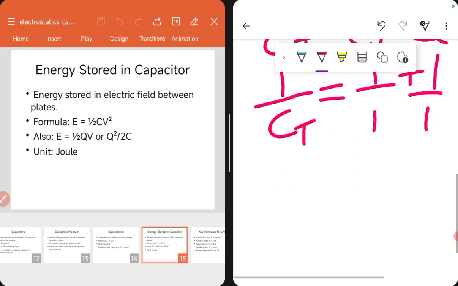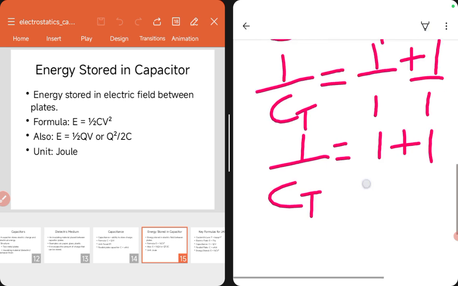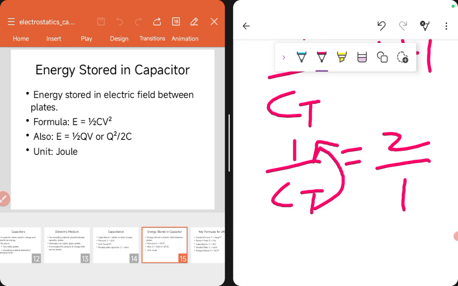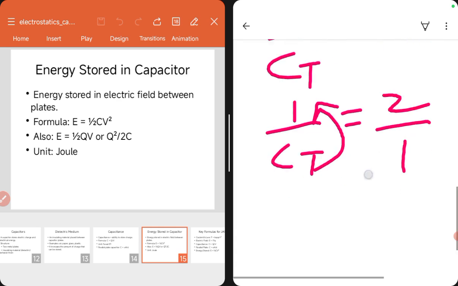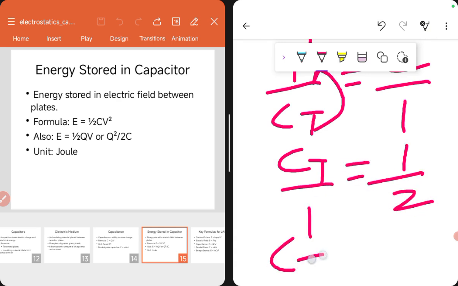This will give 1 over the effective capacitance is 1 plus 1, which is 2. Now I can write this as 2 over 1. If I invert this, because I have to get the capacitance, not the inverse of the capacitance, it will be capacitance over 1 is equal to 1 over 2. So the total capacitance is 1 over 2.